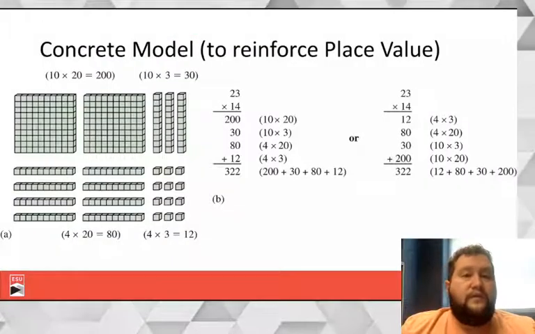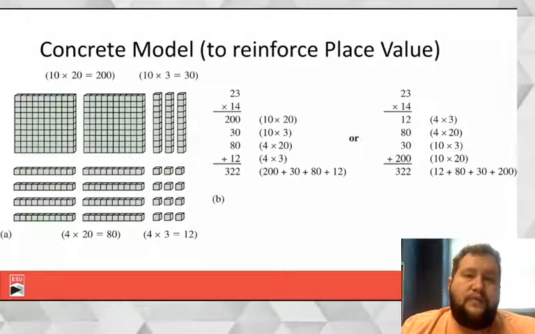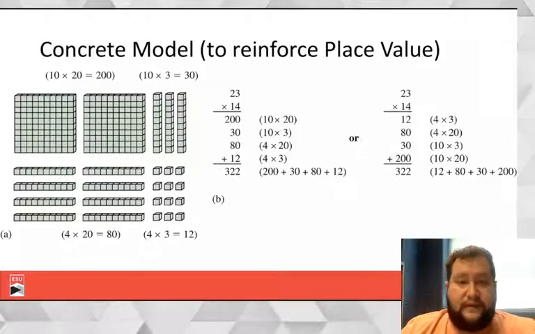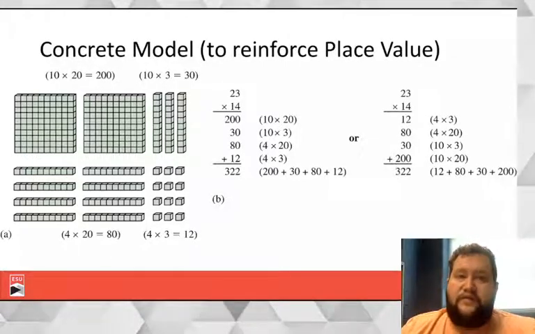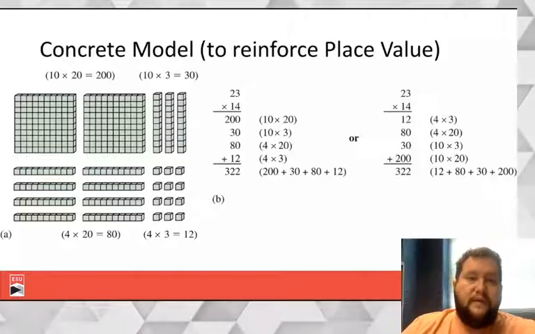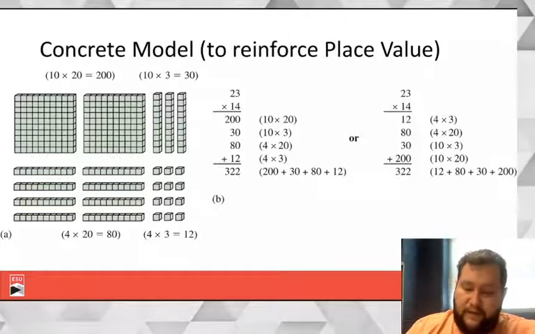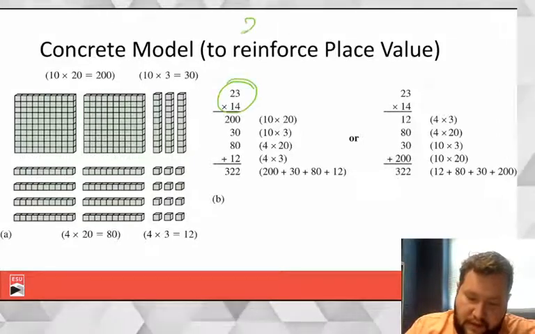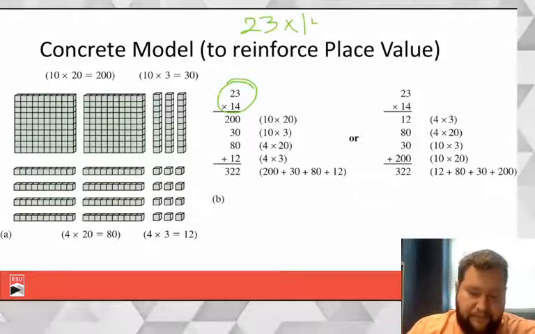We can also use a concrete model to reinforce place value, and we end up doing something similar when we get to algebra, when we start thinking about factors and completing the square and things like that, things you've heard before. So what we have is 23 times 14. That's the question, 23 times 14.